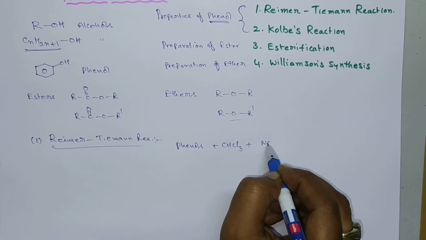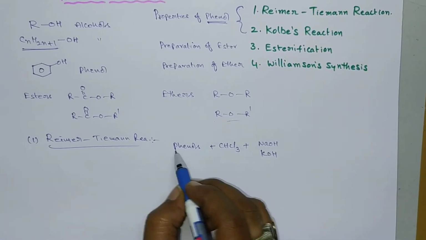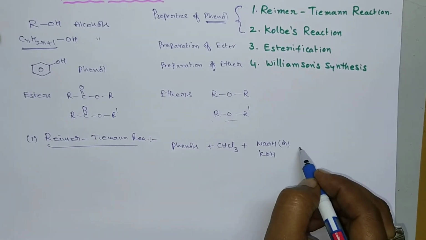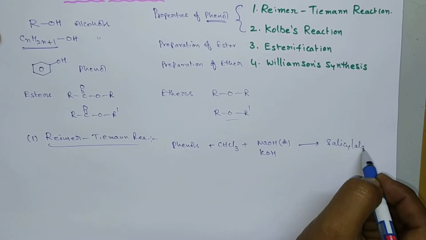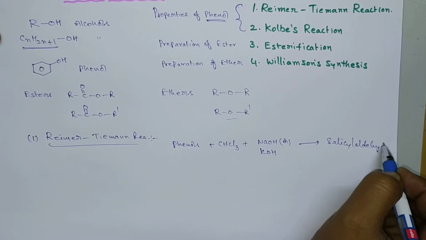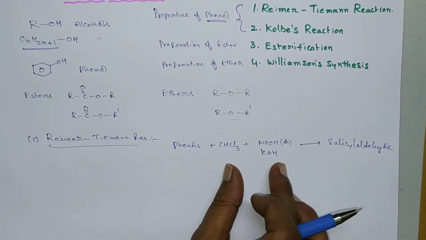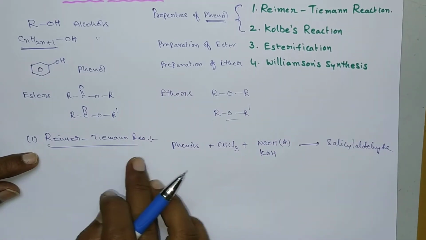You can take NaOH or KOH, any base. Phenol reacts with chloroform and NaOH to produce salicylaldehyde. This is the statement of the Reimer-Tiemann reaction.